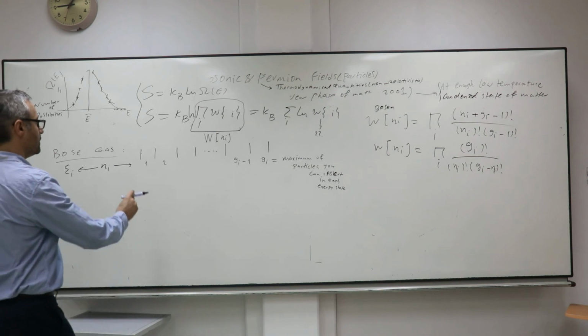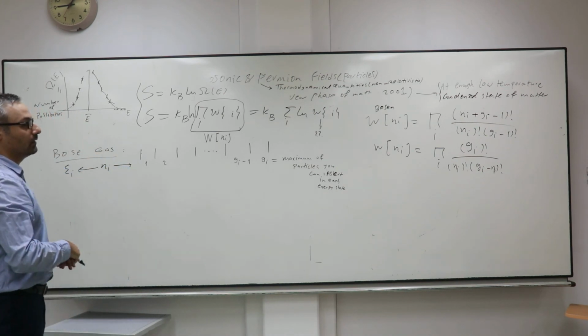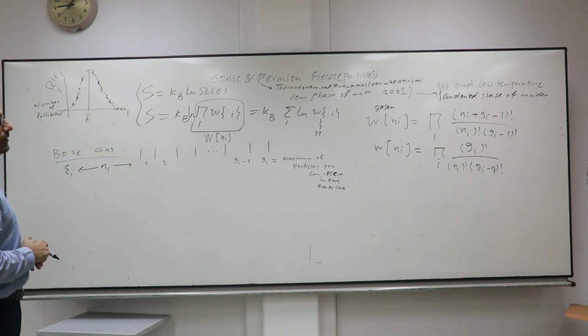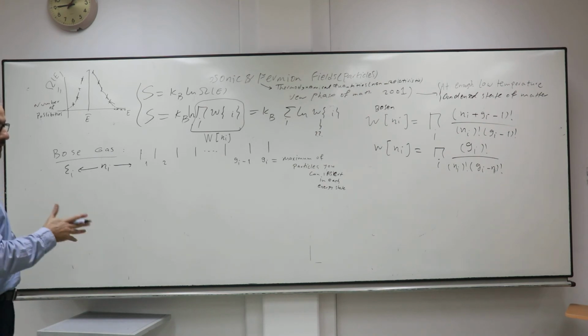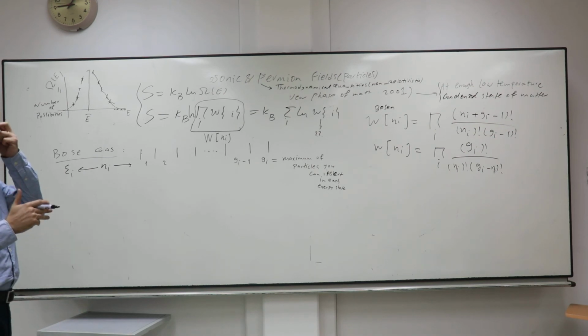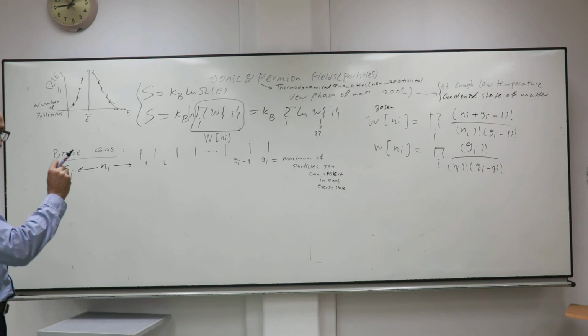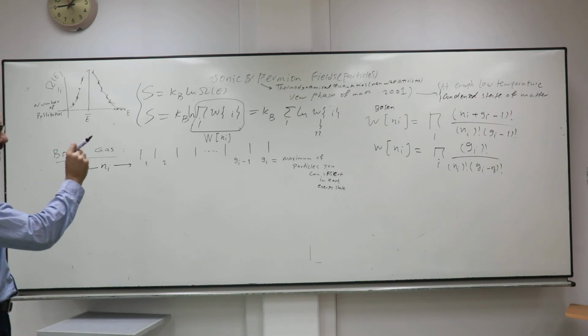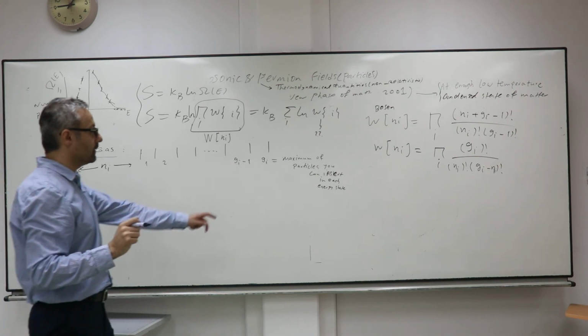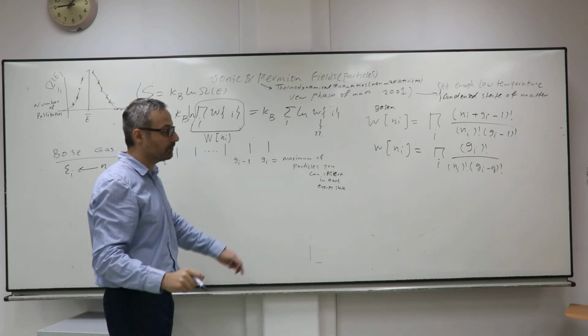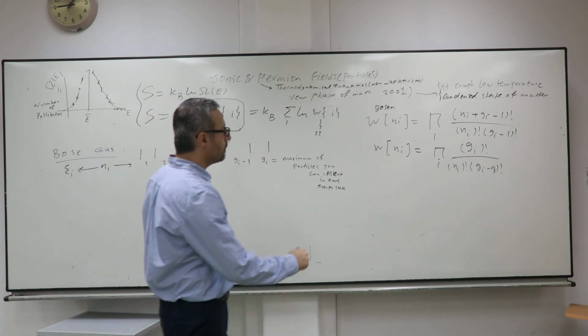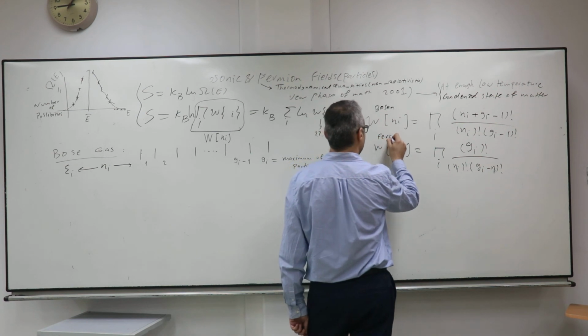The easy way is to use counting. Start with a small number of particles, like 5 particles and 2 energy levels, and try to understand how to write this expression for any number n of particles, with each energy level having some number of states like G1, G2, G3. This is for boson, and that's for fermion.